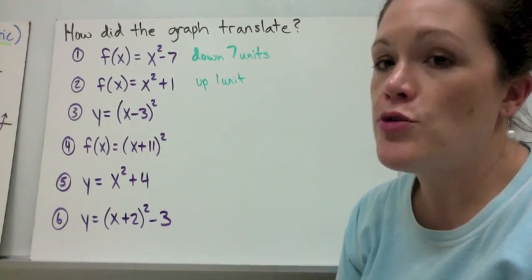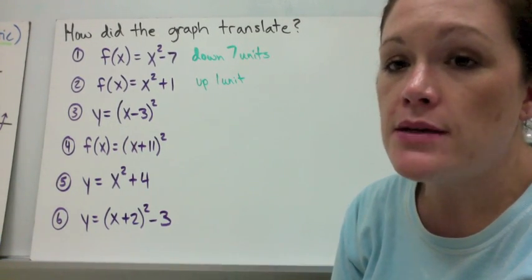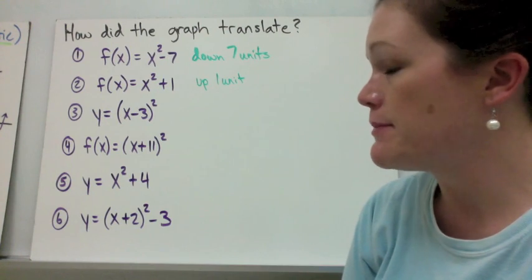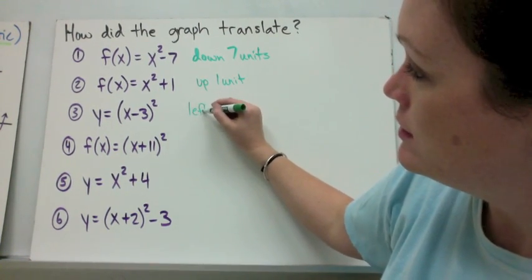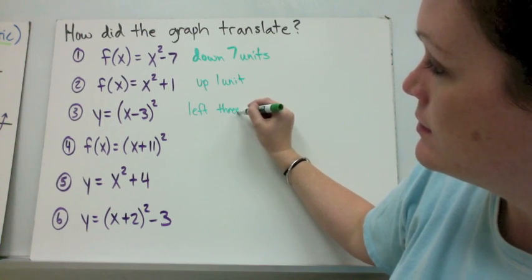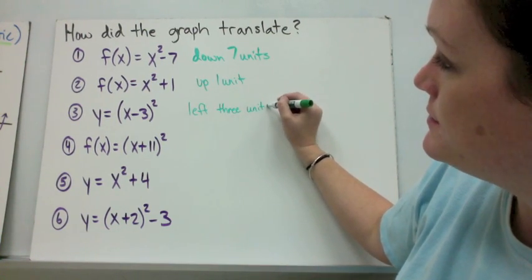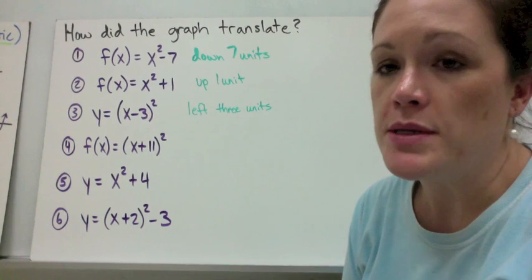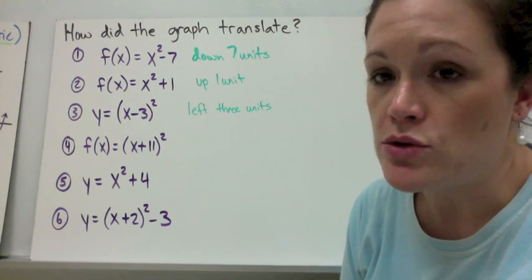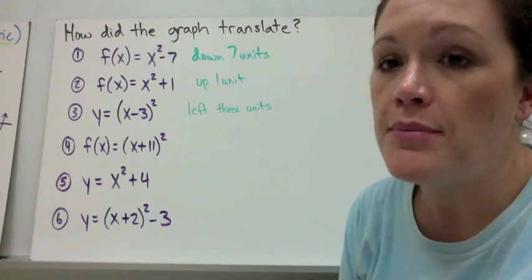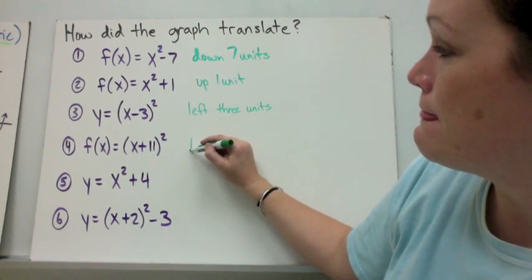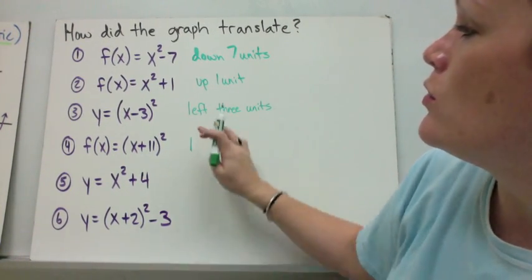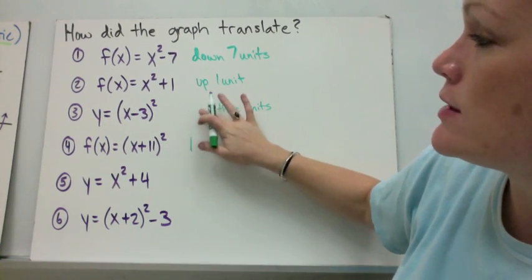The next one's in that grouping symbol, so remember, do the opposite of what it looks like. So if it's x minus 3, we're going to go left 3 units because inside that grouping symbol is a horizontal shift. So you're going to go left or right and do the opposite of what you might think. So x plus 11, oh, I didn't do the opposite right there, see that?